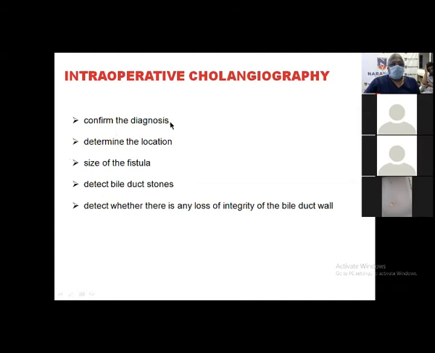To confirm the diagnosis, to determine the location and size of the fistula, detect the bile duct stone, detect whether there is any loss of integrity of the bile duct wall, all these can be well made out by a good clinical assessment with laboratory investigation and imaging. So I don't believe in it, but you should not tell your examiner.